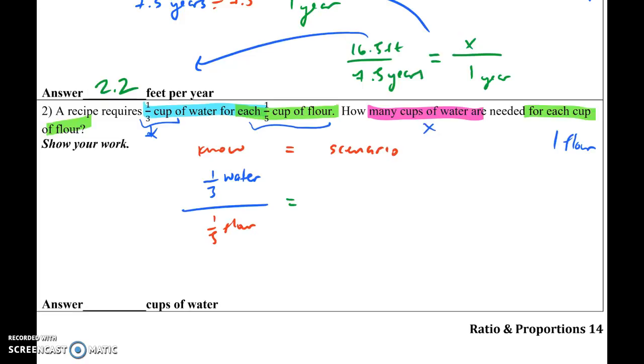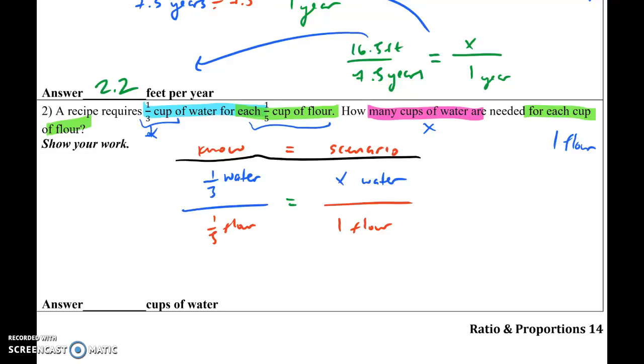All right, so remember we line our units up, so X water is going to be up here, and 1 flour is up here. All right. So we're good to go in our proportion. A lot of you during class noticed that this is just a unit rate question. We could divide the numerator and denominator by 1/5, and we would get the same answer.